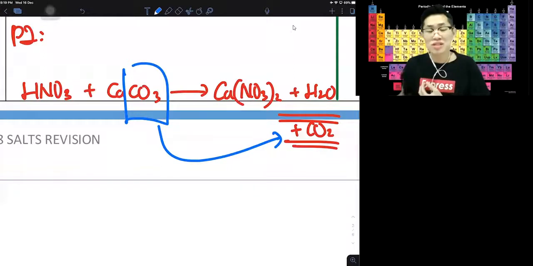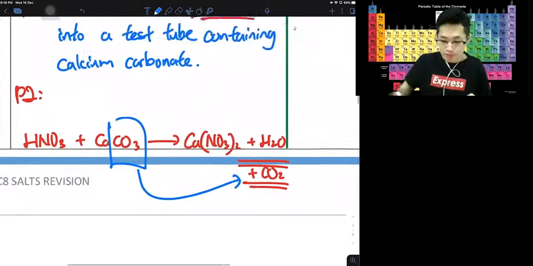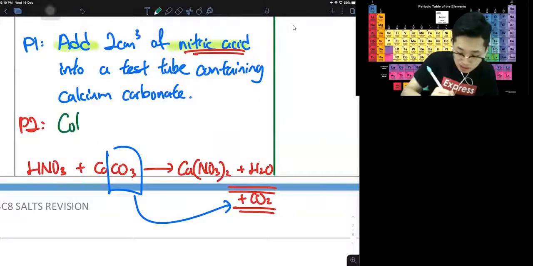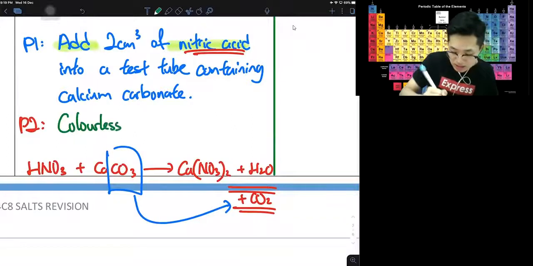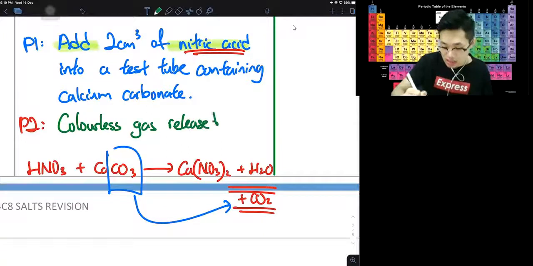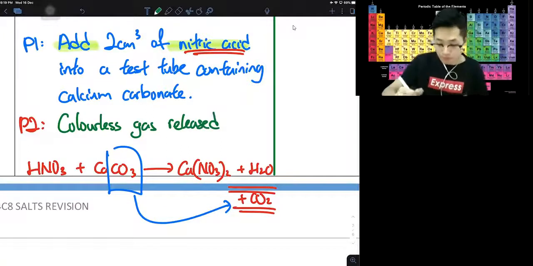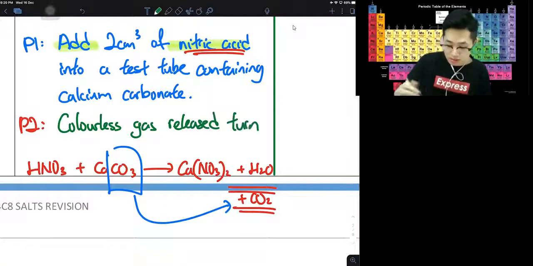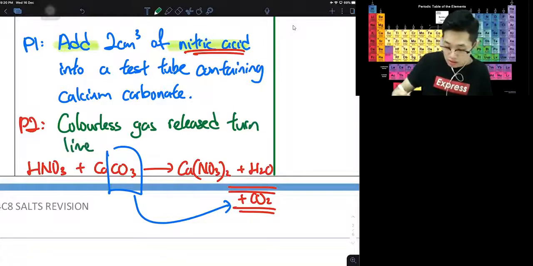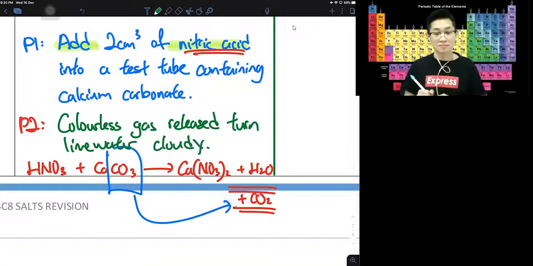So what I have to tell in my observation is: colorless gas released, turns lime water cloudy.